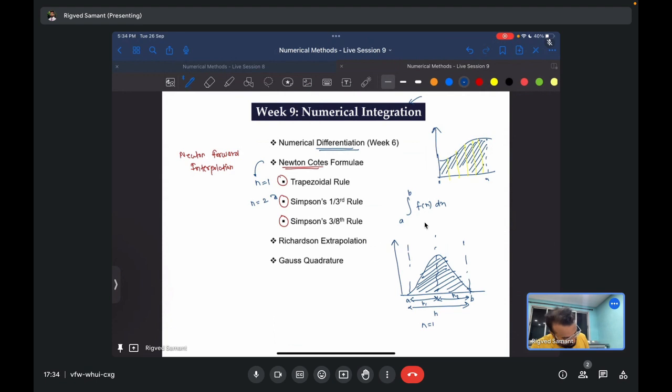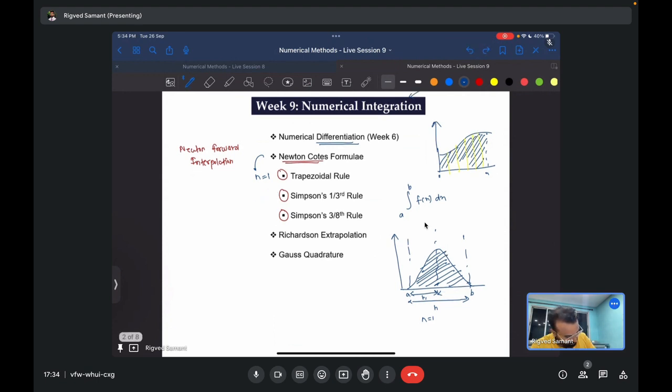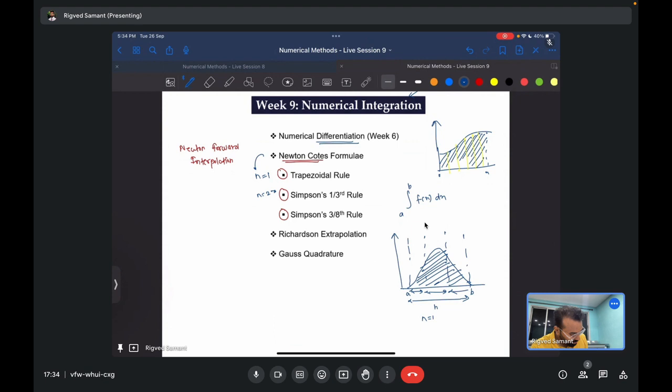If you use 3 intervals of equidistant h1, h2, h3, where h1 is equal to h2 is equal to h3, in that case you get Simpson's 3/8 formula.